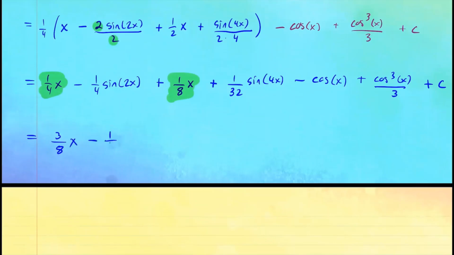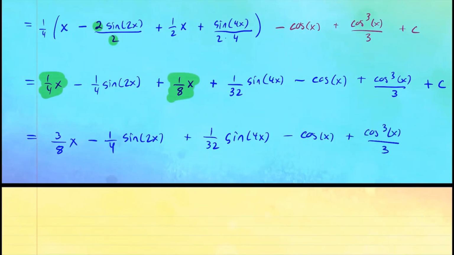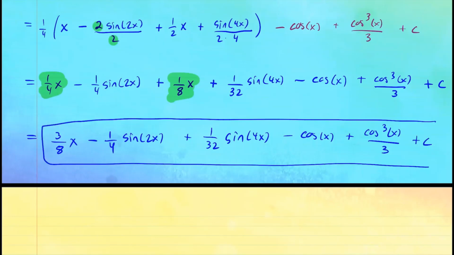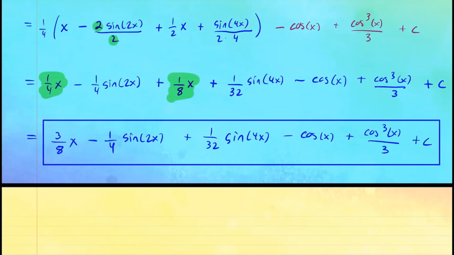I'm just going to rewrite the rest. 1/4 sine 2x plus 1/32 sine 4x minus cosine of x plus cosine cubed x over 3 plus c. So that will be our final answer for this problem.